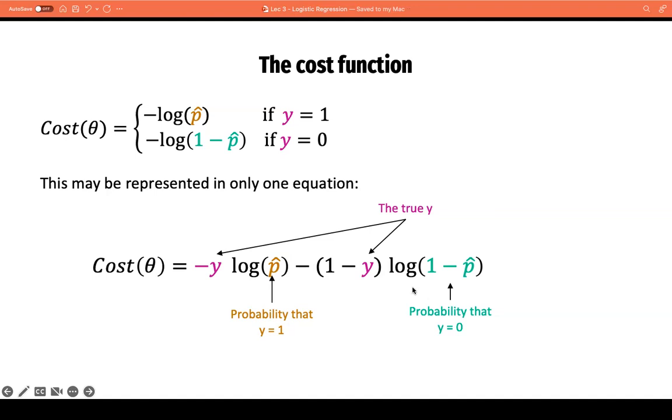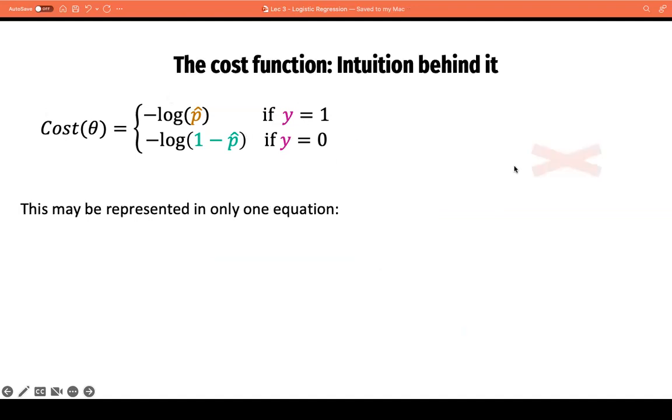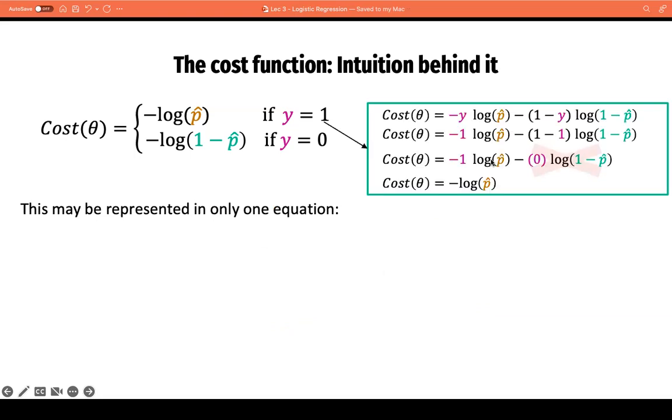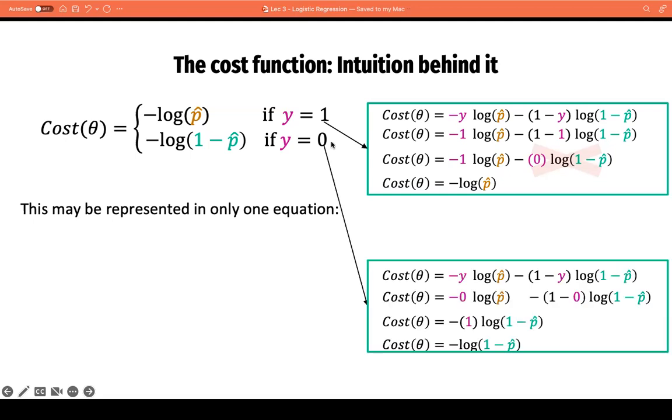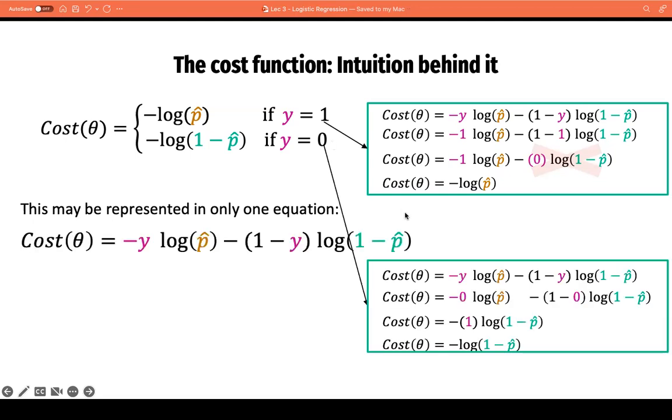So how is this equivalent to this representation? Suppose y is equal to 1, then if we plug that into this equation, the one that was presented earlier, it will cancel out the second term, because 1 minus y, which is equal to 1 minus 1, will be 0.